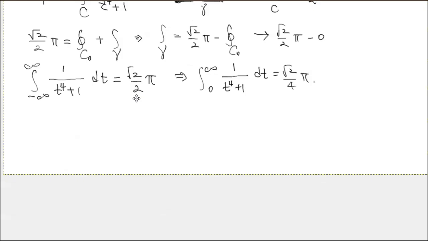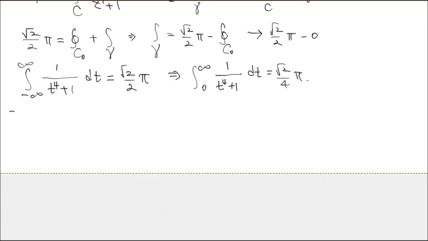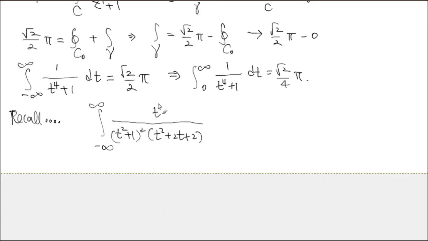It says, recall the earlier example, then we have the integral from negative infinity to positive infinity of t squared in the numerator, over t squared plus 1 raised to the square power times t squared plus 2t plus 2, dt. But remember the answer was 7 pi divided by 50.